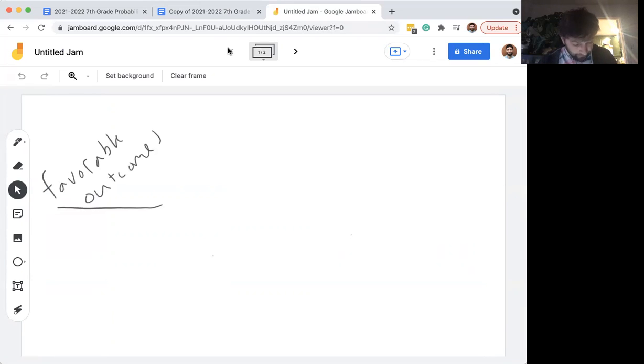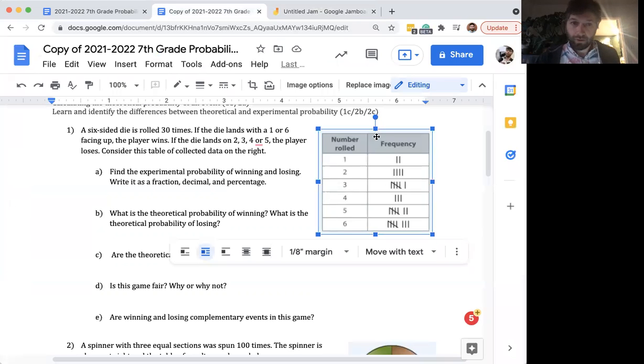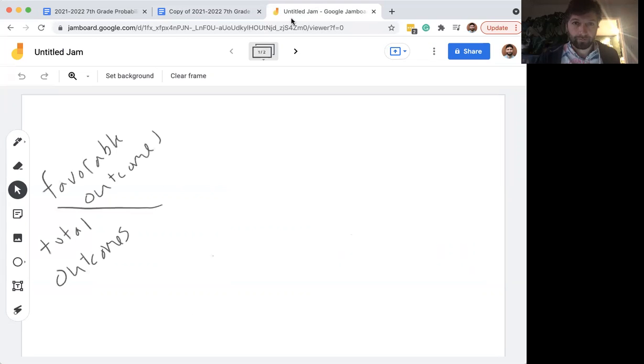That's your numerator. And so that just means the outcome that you're looking for, how many times it happened. And then your total outcomes, which is just how many times you did the experiment, how many times you rolled the dice. So we know that we rolled the die 30 times. So our denominator will be 30.